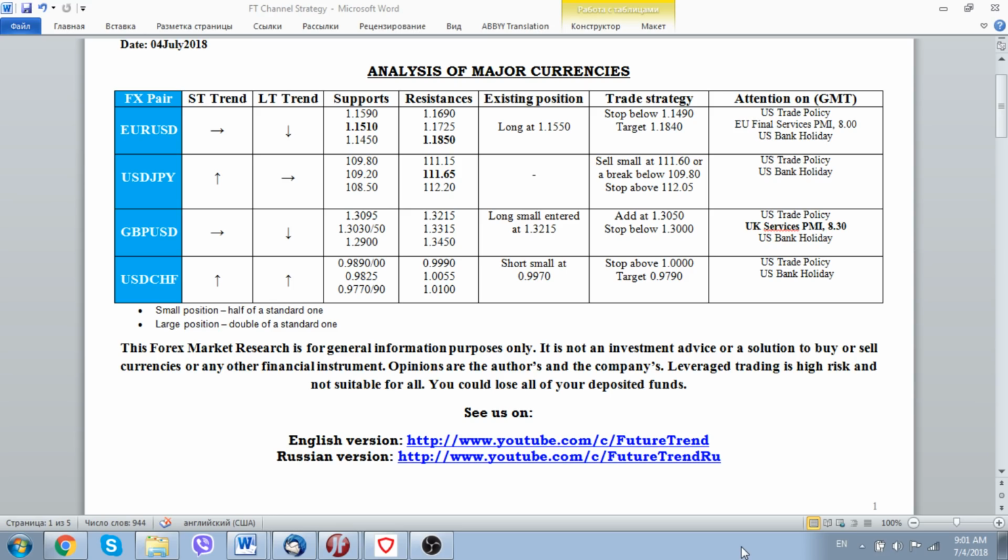As usual, in the mornings we start our analysis of major currencies for the date of 4th July 2018. At the moment we are observing some contradicting signals in the foreign exchange markets, because from one point of view, the fears of expanding trade wars between the developed nations still rattle the markets.